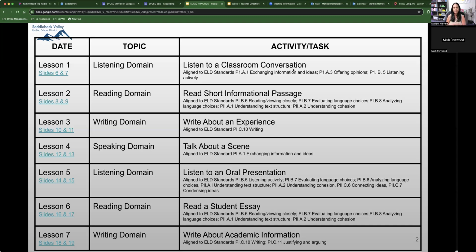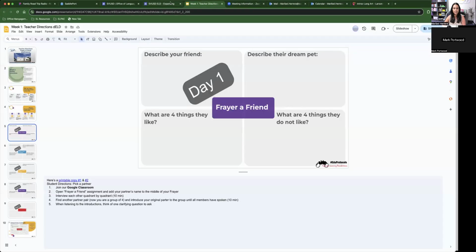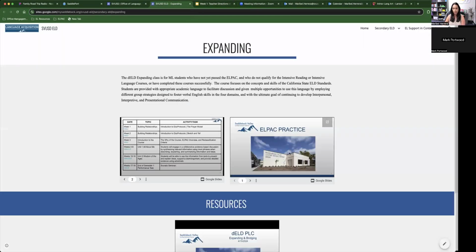So we thought it'd be full transparency so you know exactly how it relates to the standards. Because these are the standards that are the focus on the LPAC as well. So that really is the big difference in LPAC Mondays. And again, it lives in our little website.